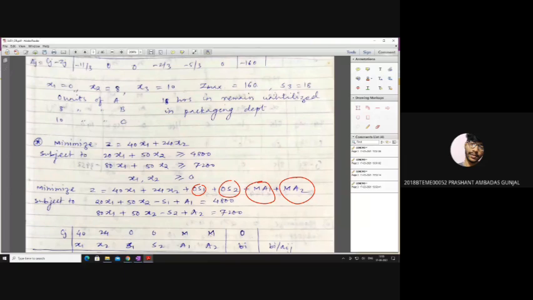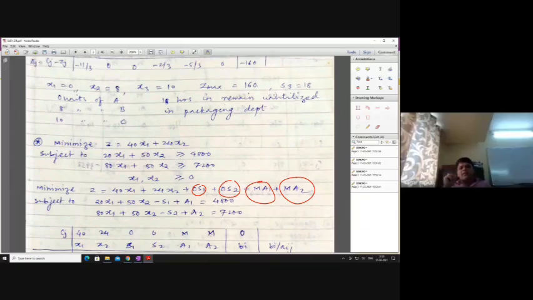Now, how many basic variables should be there in the basic initial feasible solution?